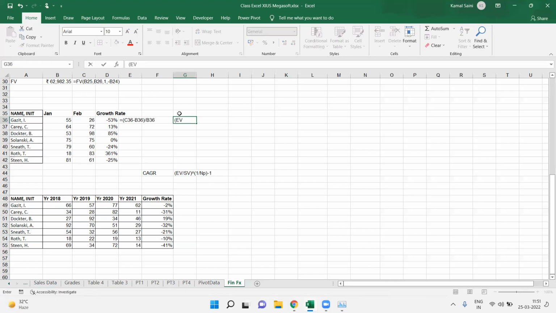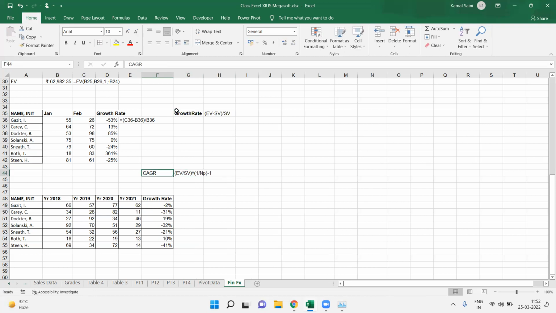End value minus start value, whole divided by start value. This is CAGR, compounded. How to calculate the number of periods?